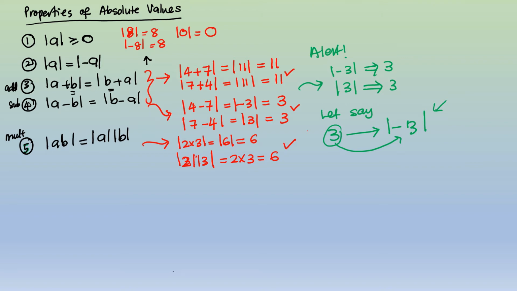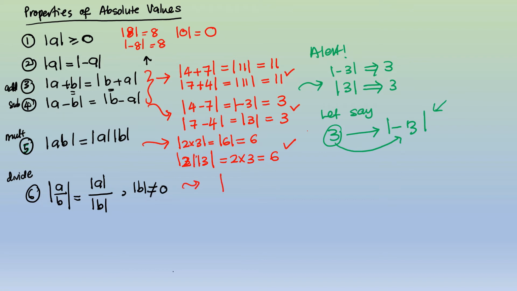Next, because we already have multiply, we have divide, division. So we have our property 6. If modulus divides everything inside, it is equal to the modulus of the numerator divided by the modulus of the denominator, where the denominator is not equal to 0. So let's prove this one.